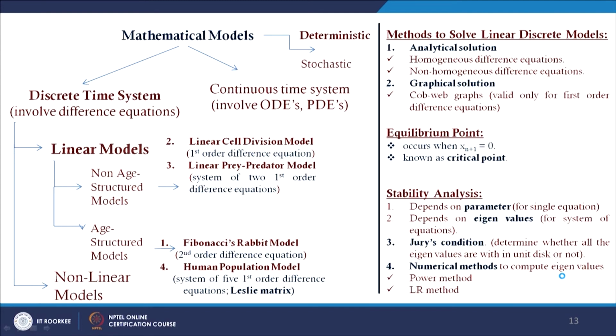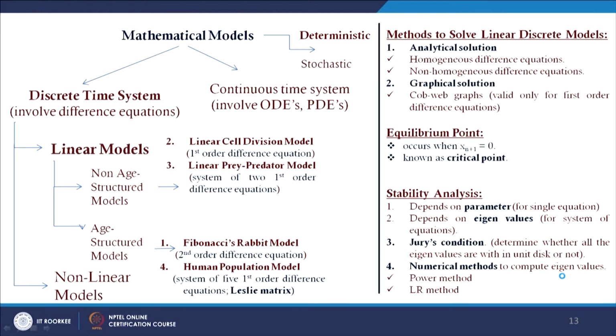In the discrete time levels we considered linear models: a first order difference equation for the linear cell division model, and a system of two first order linear difference equations for the prey predator model, which are non-age structured models.